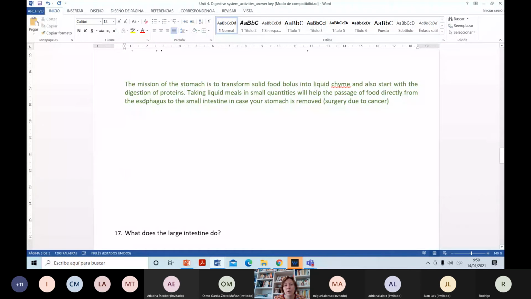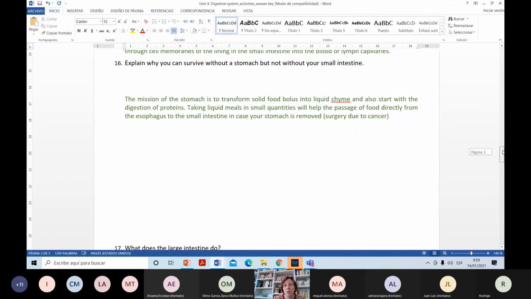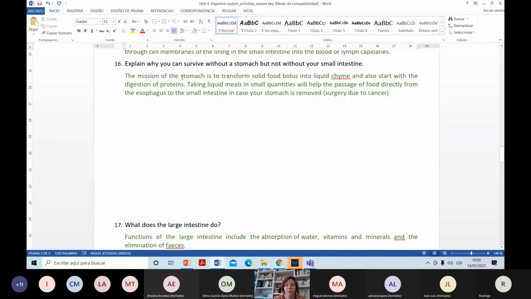Food will go from the esophagus to the small intestine when your stomach is removed, if you've received a surgery due to stomach cancer. Okay, so that's the reason that the mission of the stomach is to transform solid food into liquid chyme.